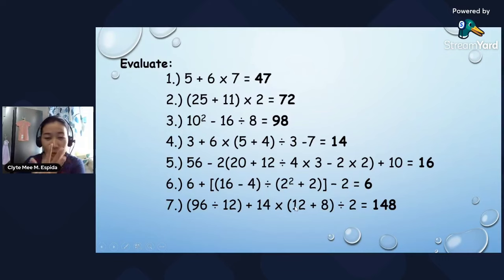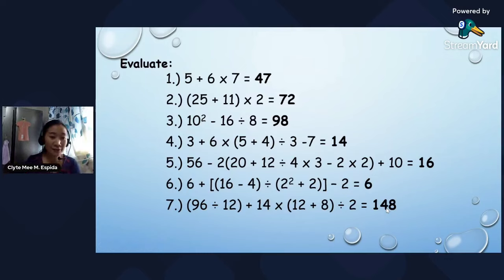No, I'm sorry. 14 times 20 is 280. Divide 2, that is 140. So we have here earlier, 96 divide 12 is 8. So 140 plus 8 is 148. Okay, congratulations for those who got the correct answer.